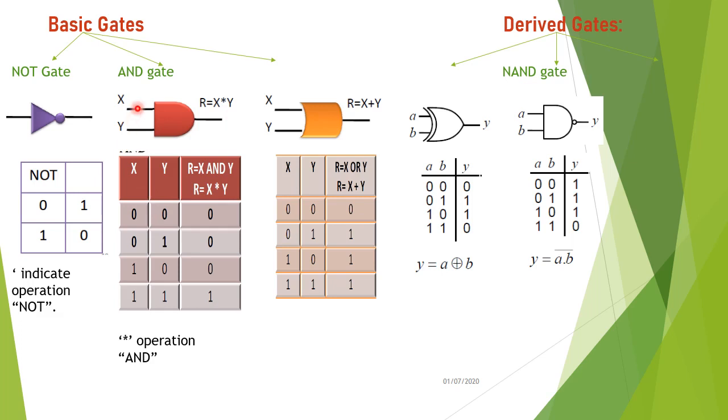As we find that the symbol has two inputs, and for two inputs four input combinations are possible, the output variable R can be defined like this.